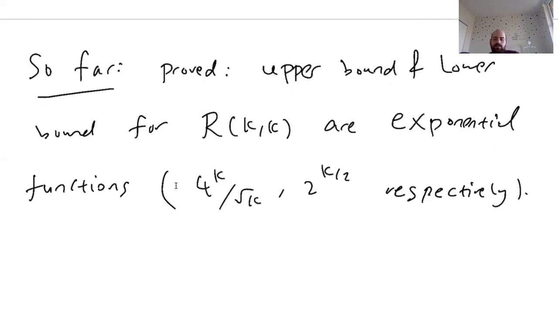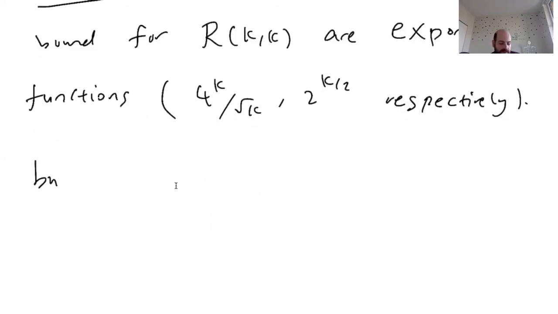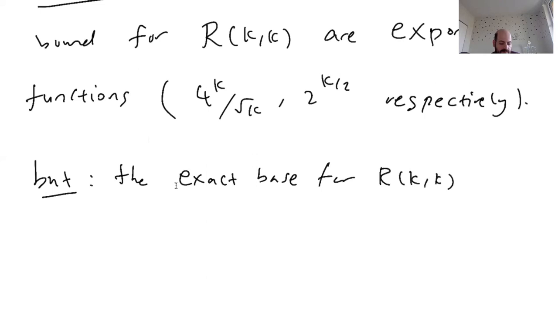So upper bound and lower bound are exponential. So that means Ramsey numbers behave like exponentials, but the exact base for R of k, k, of course if it exists, is still unknown.